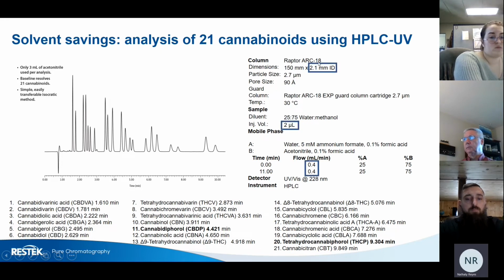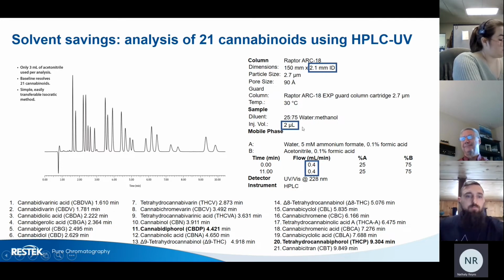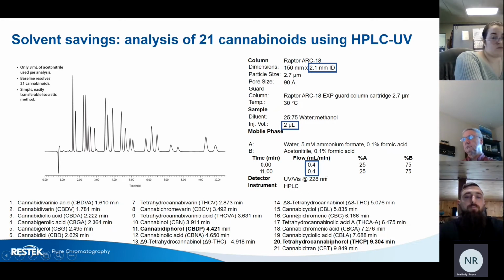Here we have a column of 2.1 millimeters ID, and the injection volume was just 2 microliters, and the flow rate used was 0.4 milliliters per minute. Under these conditions, it was possible to separate the same 21 cannabinoids under 10 minutes of runtime.